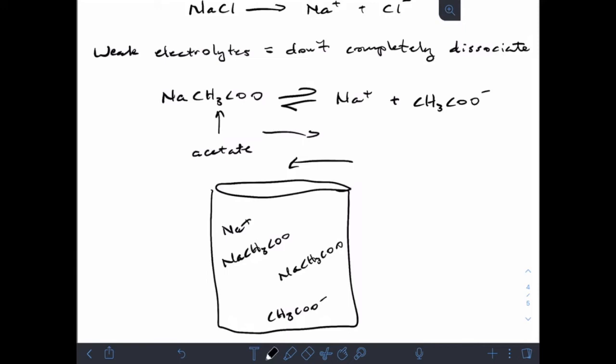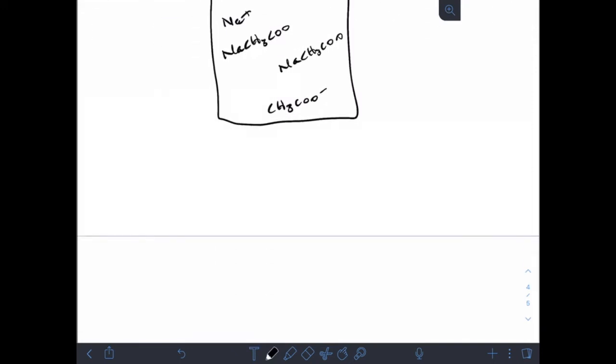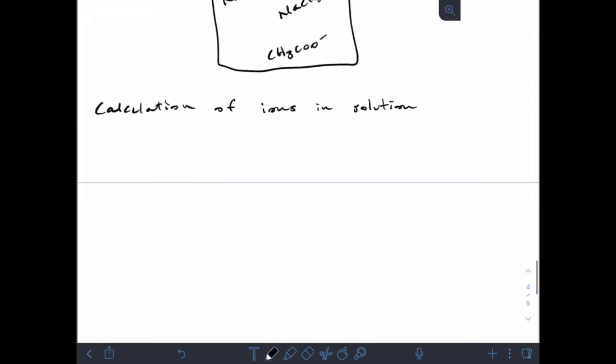All right, so let's talk about how to calculate how many ions we have in a solution. Potassium bromide is soluble in water. That means that it comes apart, so it breaks up in water.